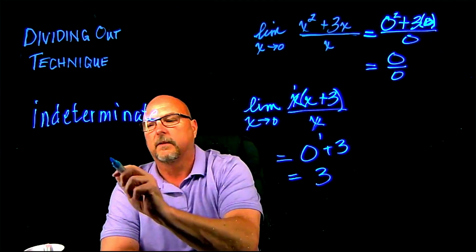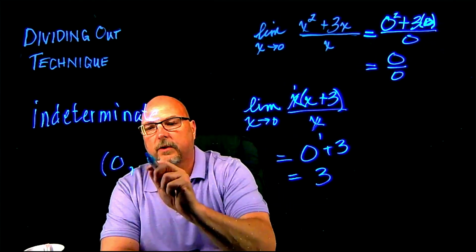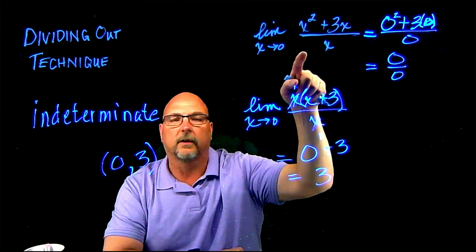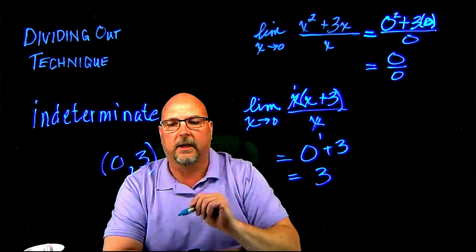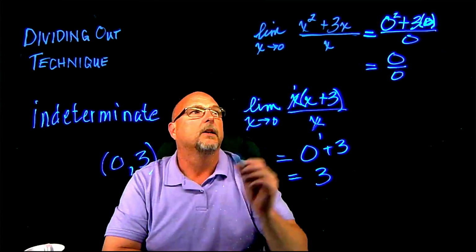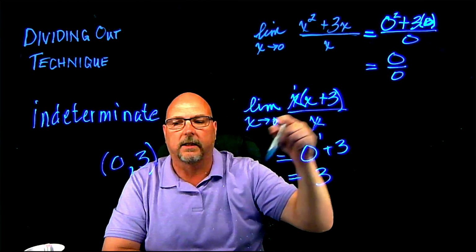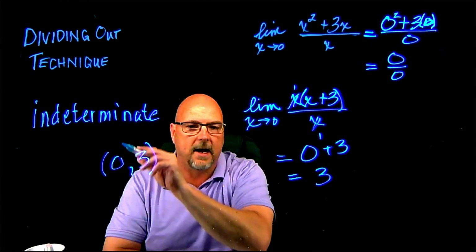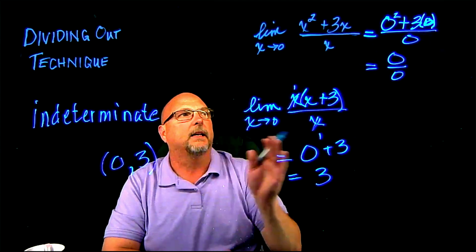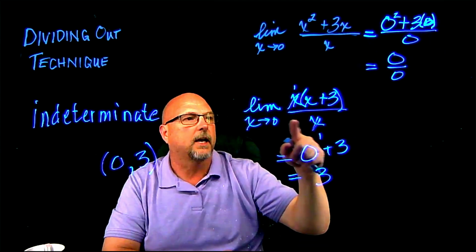Now, the point (0, 3) is not on this function, okay? There's a gap in it. Sometimes they call it a removable discontinuity. Anytime you can divide out like this, you're going to end up with a graph that ordinarily would look like a regular graph, but it has a removable discontinuity.